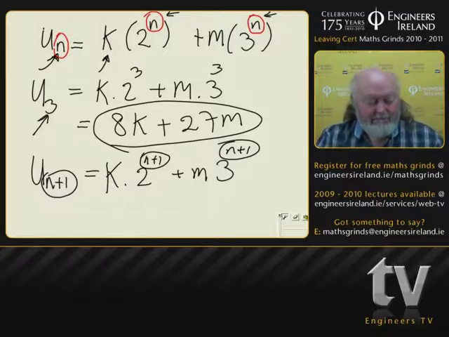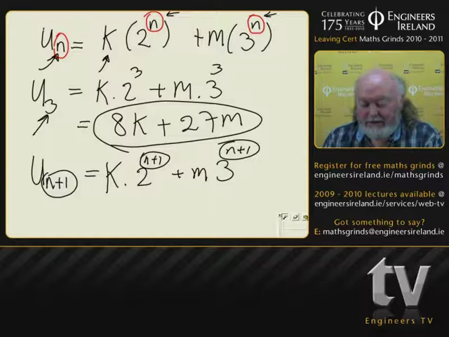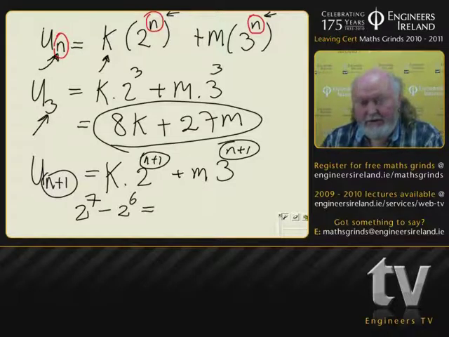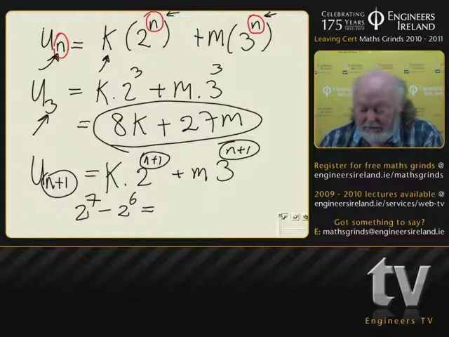Now, in the first maths class, I was mentioning to you guys that it's really important to be able to do things like this, and this is the very little problem I gave you. 2 to the 7 minus 2 to the 6. What is that? And the trick was to be able to relate one of the numbers in terms of the other one. Find out whether it's a first cousin or a second cousin.